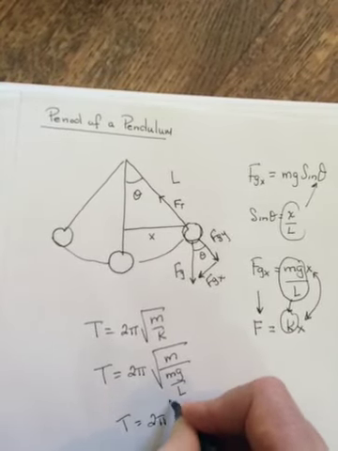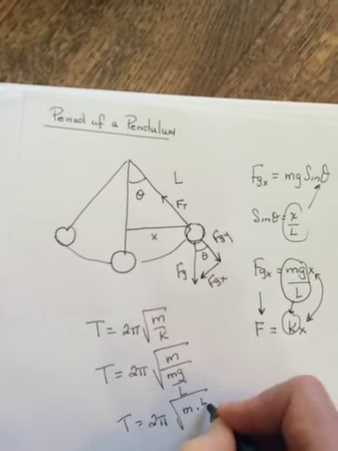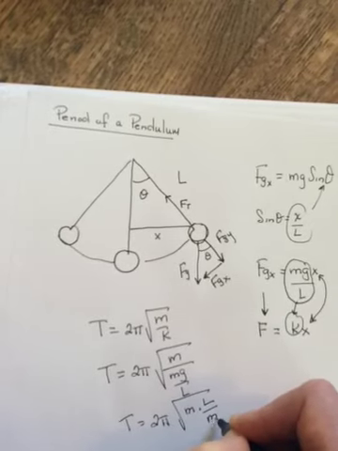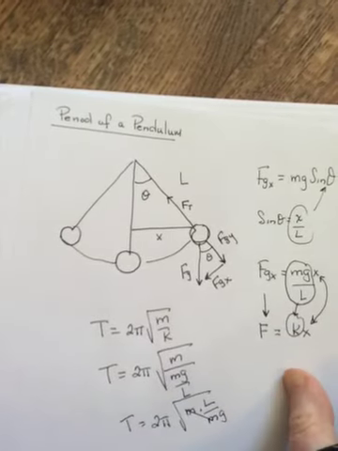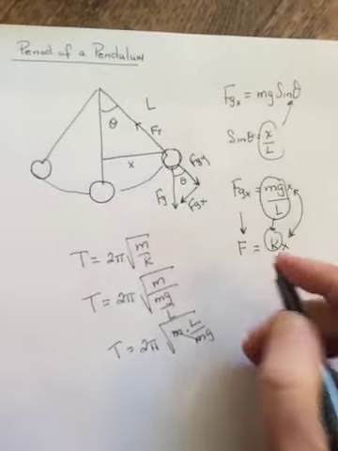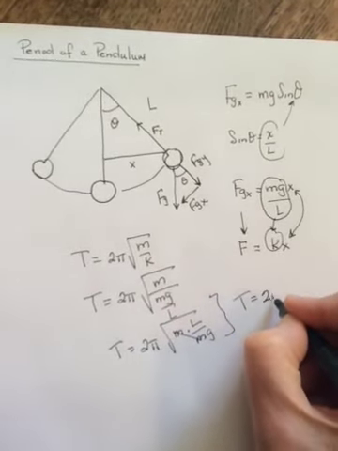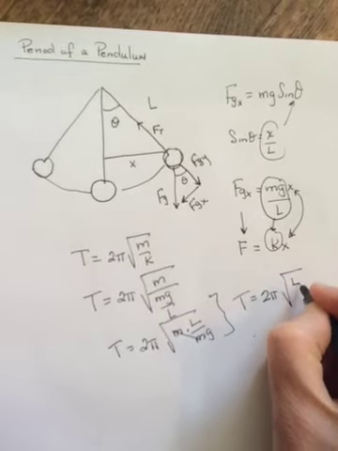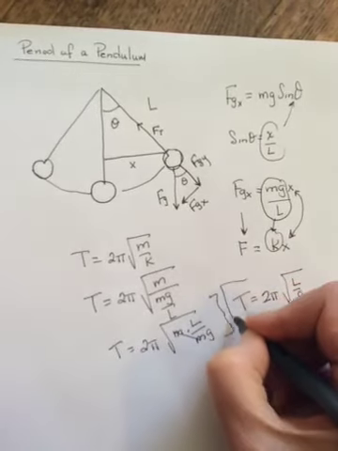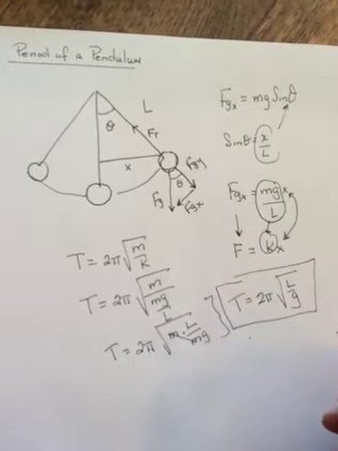So 2 pi root m times L over mg. The m's are going to cancel. And the equation that we end up being left with is T is equal to 2 pi root L over g. This is the period of a pendulum.